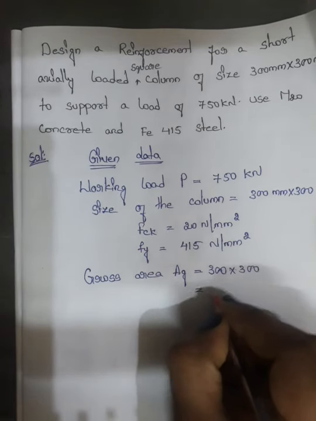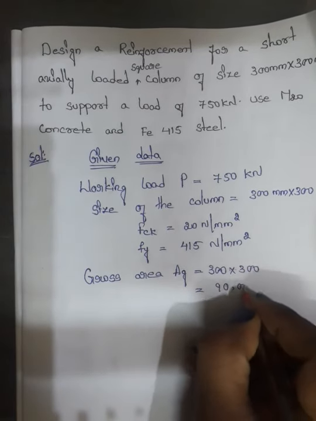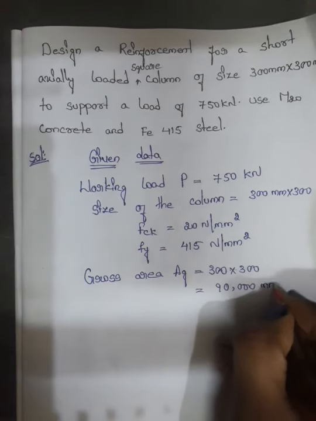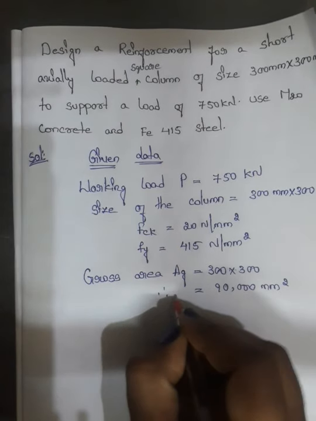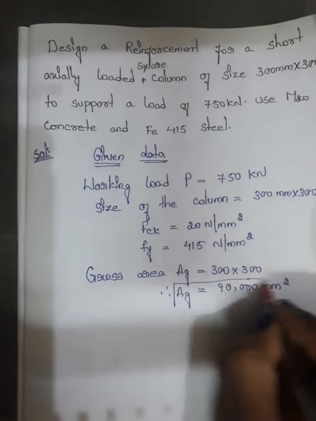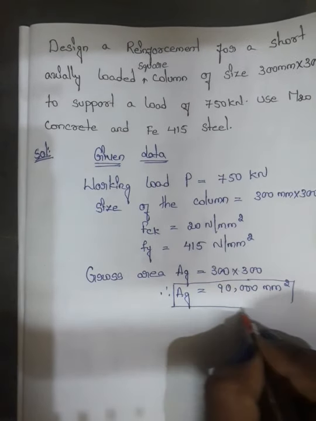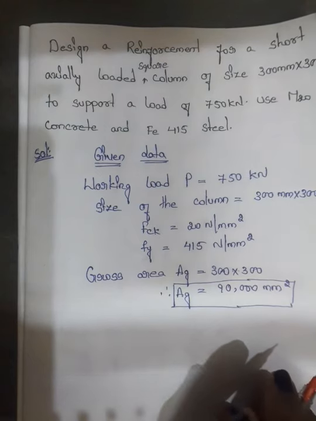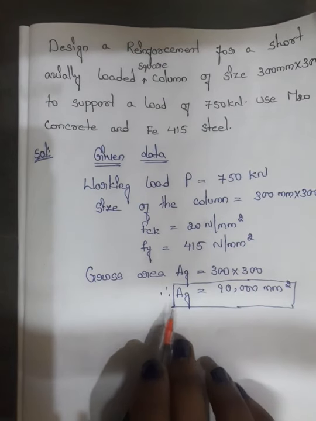So how much? 90,000 mm square. So therefore gross area for this column is 90,000 mm square.